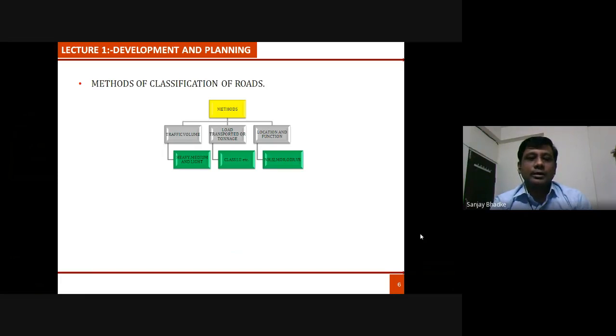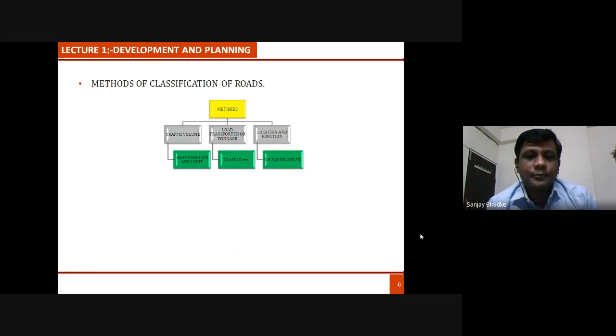So what are the various methods of classification of roads, and how are we using those methods? Basically, if you take the example of the flow chart, these methods are traffic volume, load transported in tons, and location and function: heavy and medium types, class 1 and class 2 roads, national highway, state highway, MDR, which is called major district road, ODR, other district road, and VR, the village road.